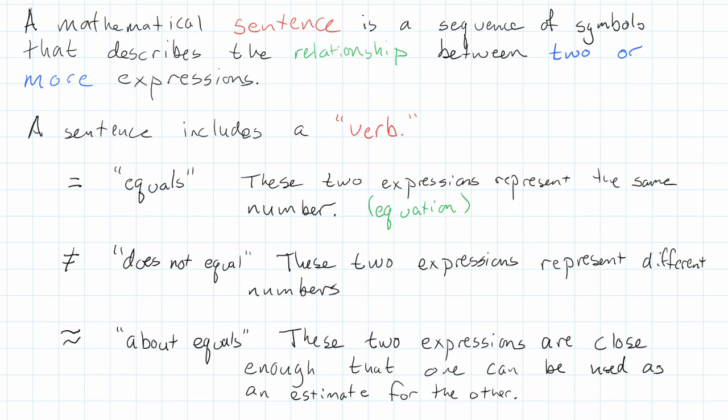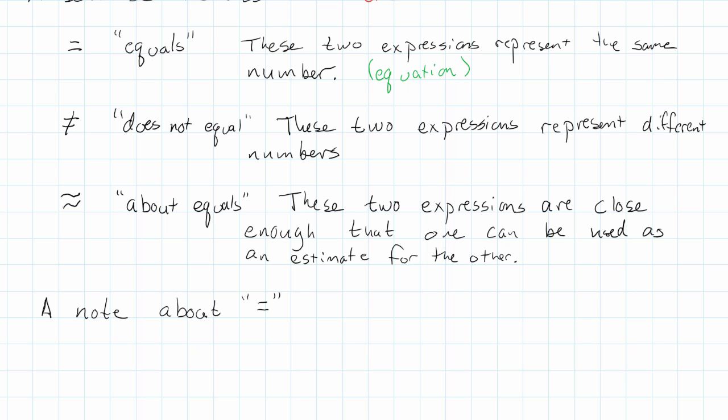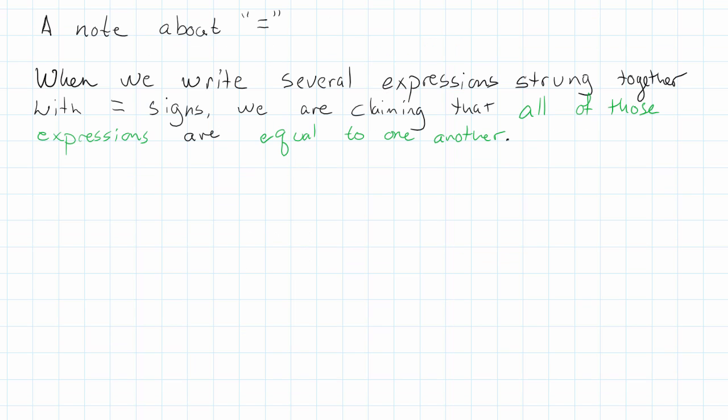We'll spend a lot more time talking about sentences later, but there's something I want to call your attention to about equals. When we write several expressions strung together with equals signs, we are claiming that all of those expressions are equal to one another. So let me give you an example.